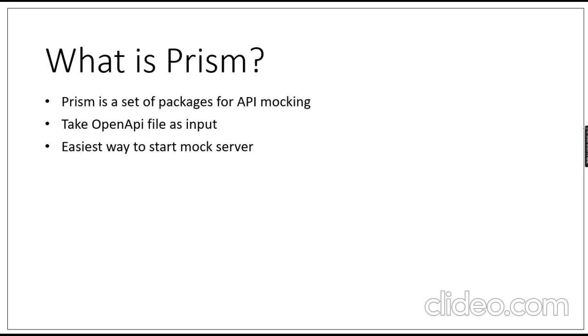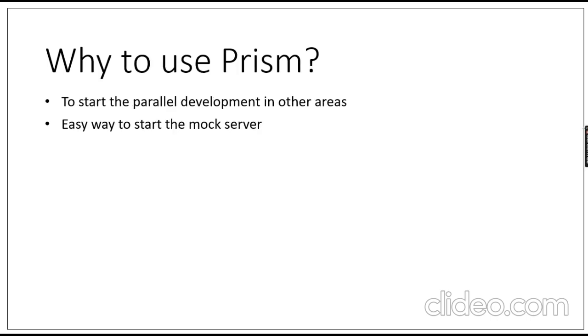Everything in just one file that gives you everything regarding the API. It is called your OpenAPI file. Formerly it was also known as the Swagger file, but now it is known as the OpenAPI file. So it takes this file as an input, and as an output it creates your mock server on the basis of your OpenAPI file. So that is it.